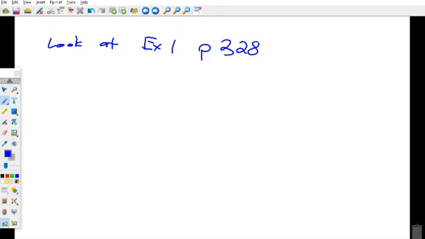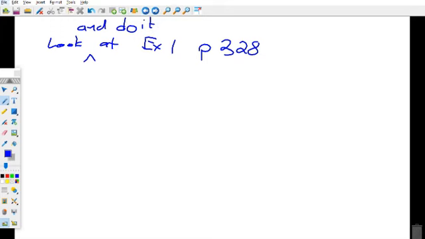I want you to do example 1. As an example, they've given you the answer, but I want you to do it as if you're trying. The answer's already there, so you can check. But what are you not going to do? You're not going to look at the answer. What do I always say? Don't fool yourself. You must look and do it. Just do it.